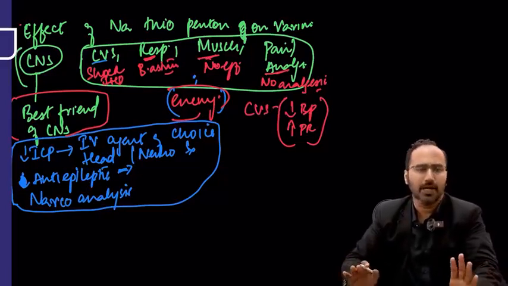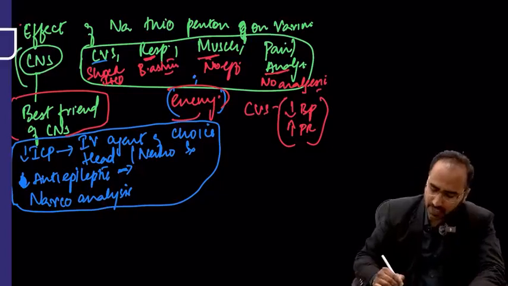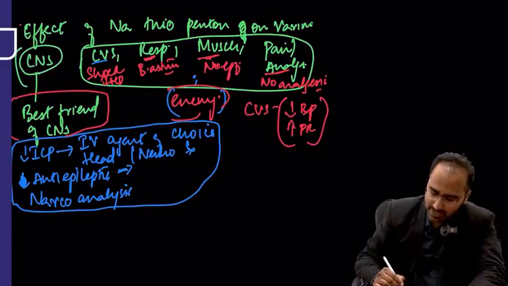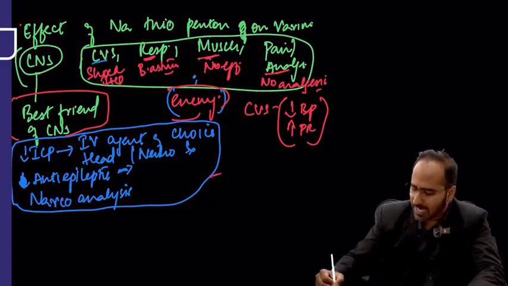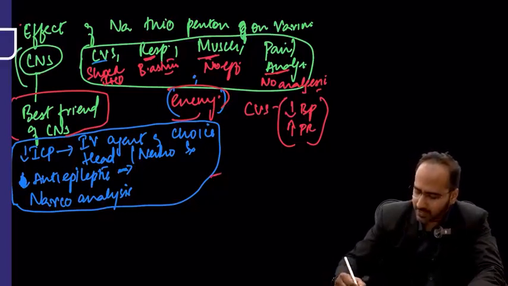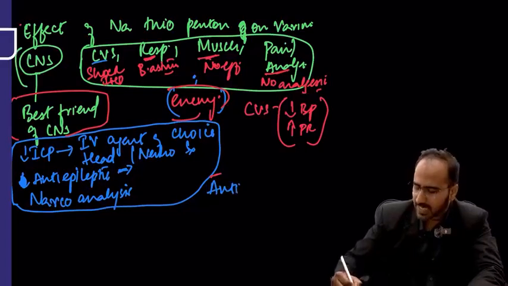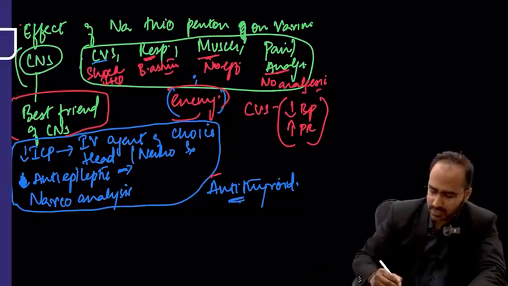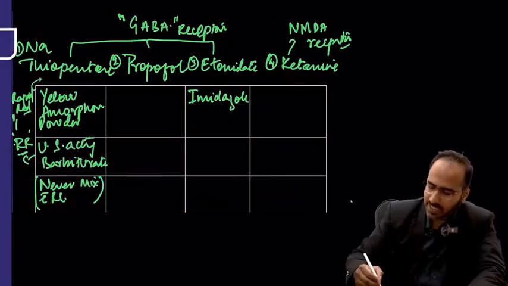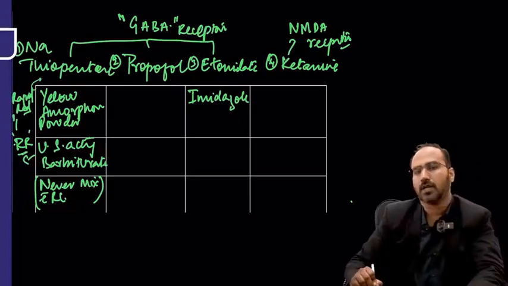That is the main points of sodium thiopentone. Next, apart from that, you also need to remember sodium thiopentone has good anti-thyroid properties. Okay. Next IV induction agent is called propofol.